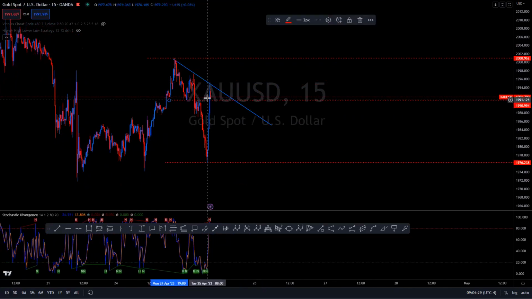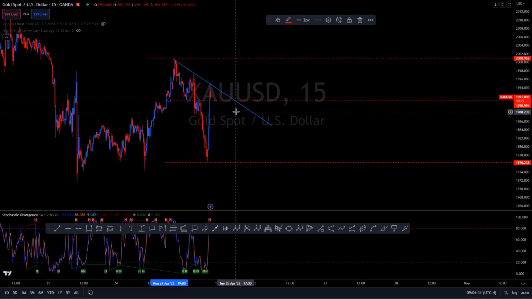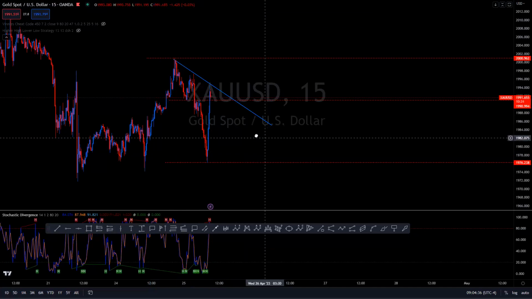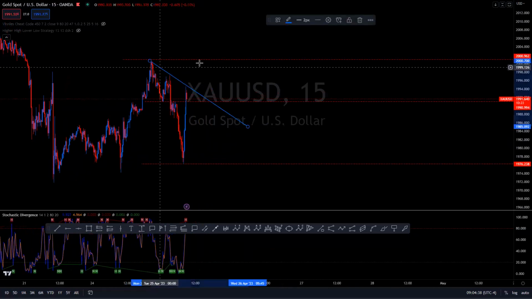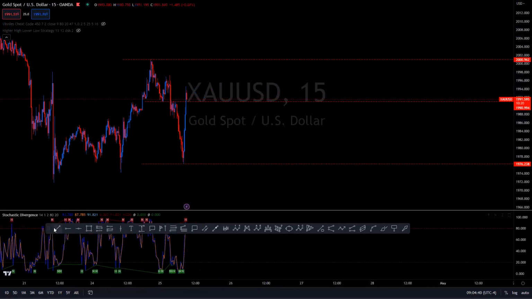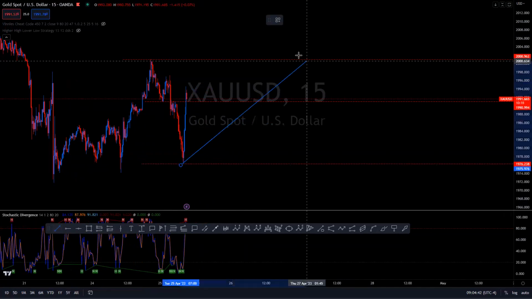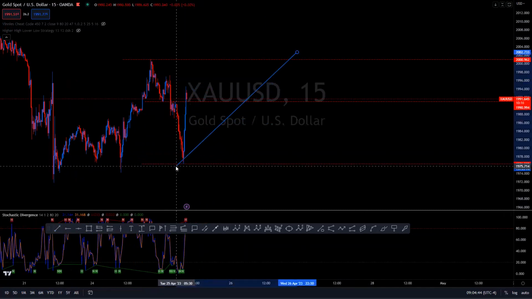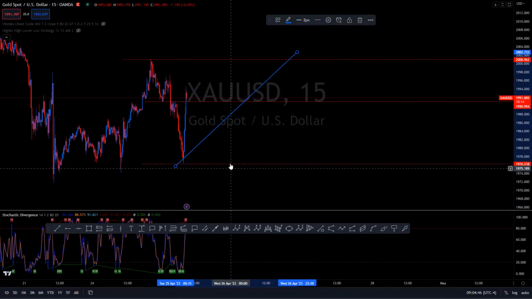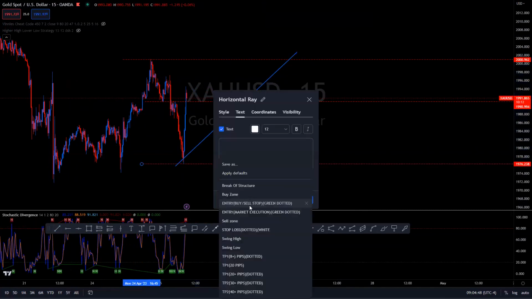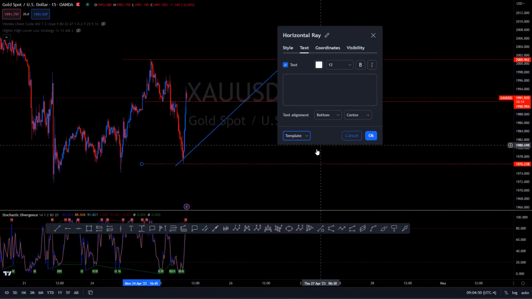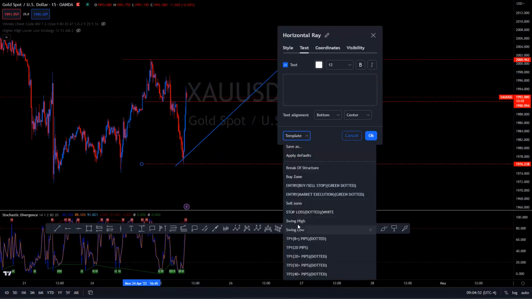Price may be better than that. I'm going to go with my first bias. I'm actually going to say that price is going to be bullish. The other line could really just be overall bullish. So then this is the swing low here.